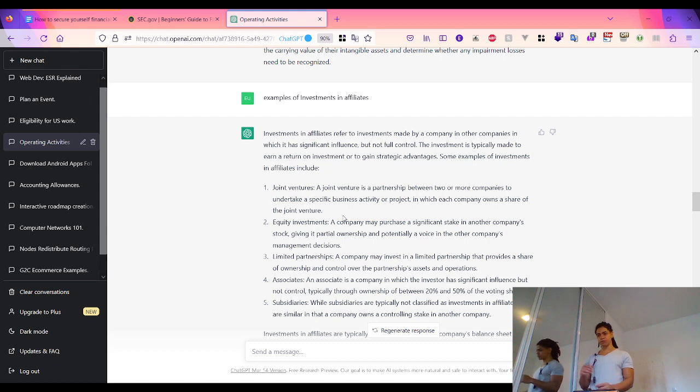It gives partial ownership and potentially a voice in the company's management decisions. Very, very important things to know here.